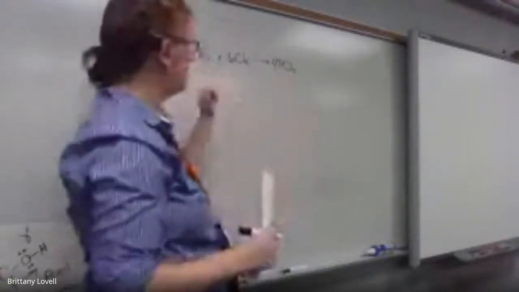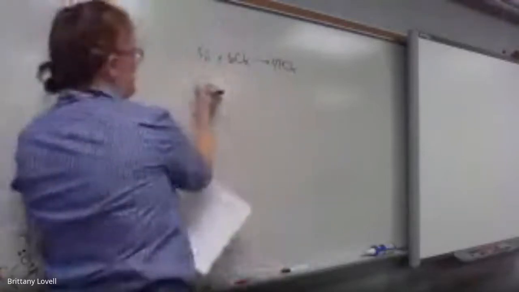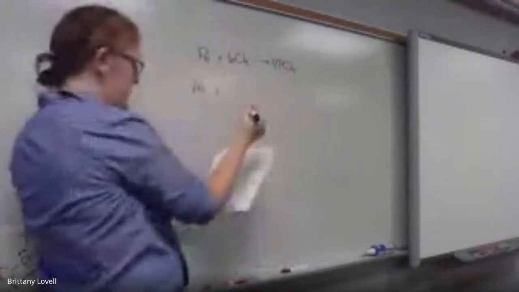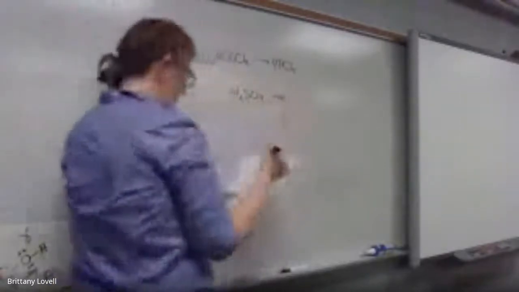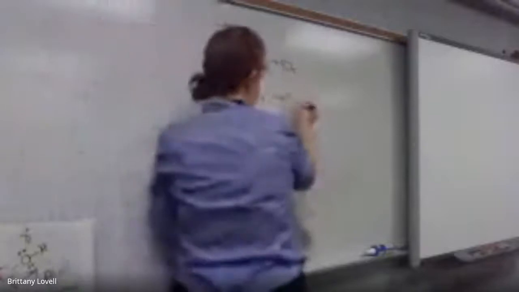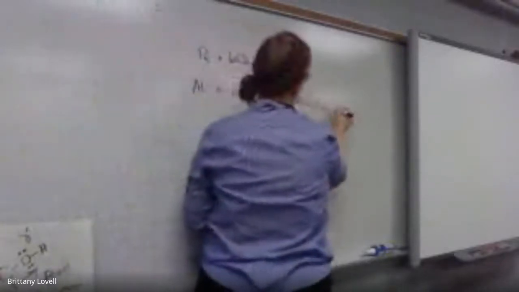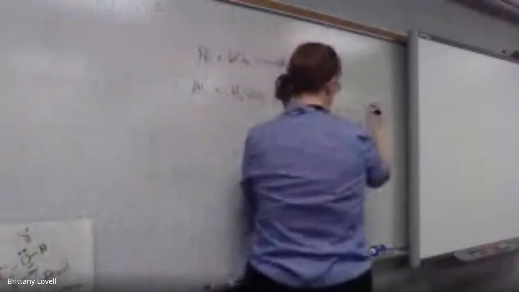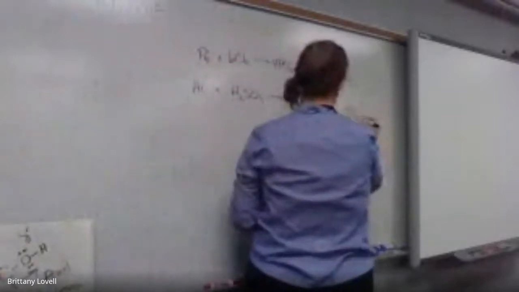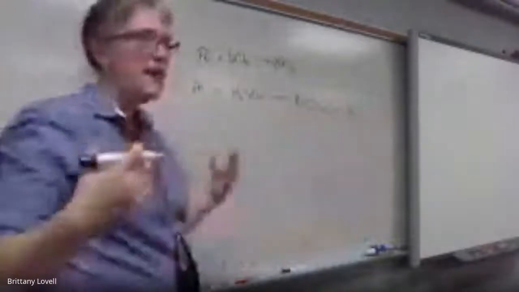Okay, so, all right, let's look at this one. Next one is Al plus H2SO4 yields Al2(SO4)3 plus H2, sorry, can't see. Okay, so here we go. We're gonna start this one, and I'm just gonna work it the way I would work it in my head.